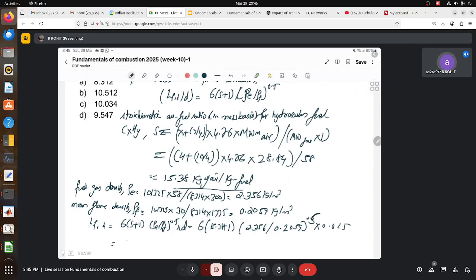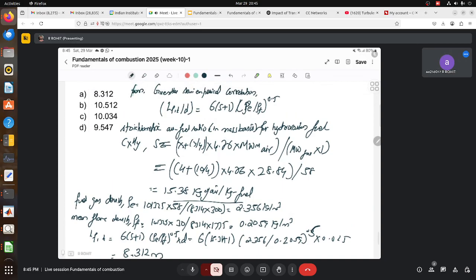If you substitute, you will get a value close to 8.312 meter. So the correct answer for this question is option A, 8.312 meter.